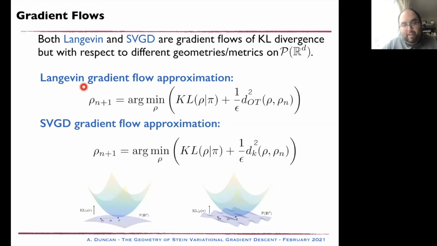Then the density at n plus 1, rho n plus 1, is going to be the minimum of the KL divergence between pi and rho, regularized or constrained such that the distance, in an appropriate sense, to the previous step is sufficiently small. So basically, I have this epsilon here that acts like my step size, so to speak, and this is constraining it such that in this distance, rho n plus 1 doesn't go too far from rho n, but it's still moving in the right direction. So that's a gradient flow formulation.